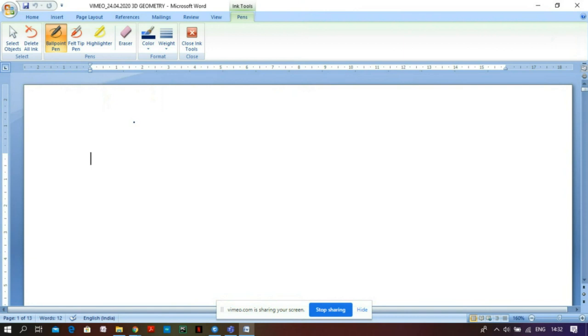So the question says that there is a variable plane at a constant distance p from origin.